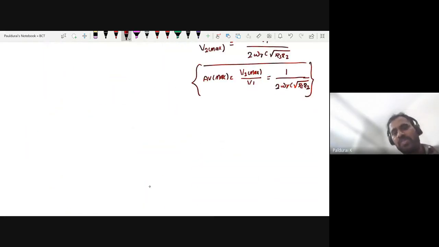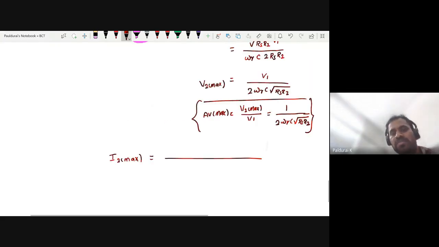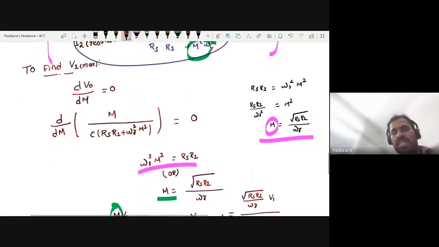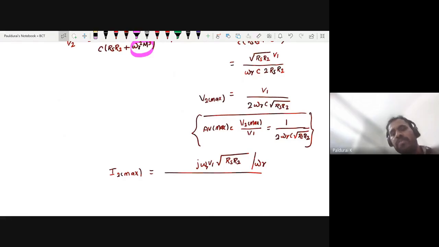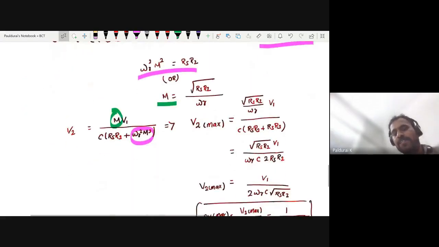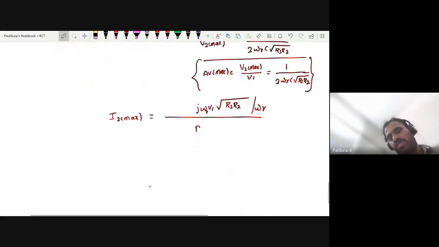So similarly, find I2 maximum. What's the value? J omega V1 times square root of Rs R2 divided by omega R, divided by Rs R2 plus omega R squared M squared replaced by Rs R2.